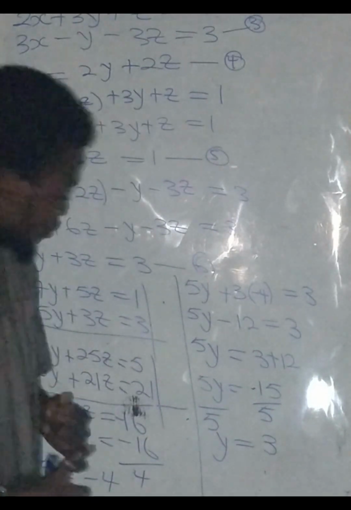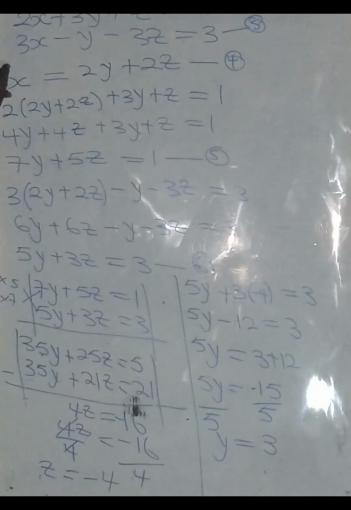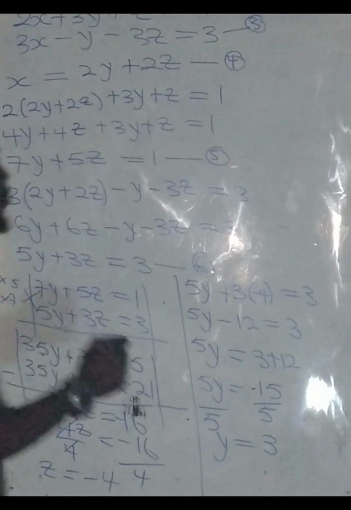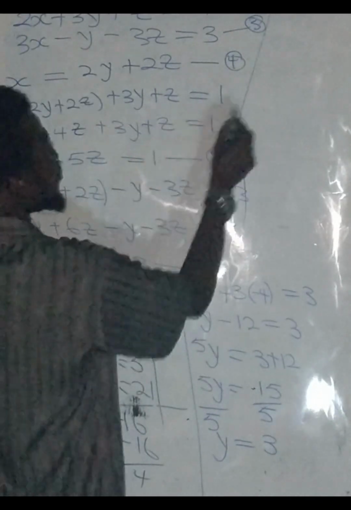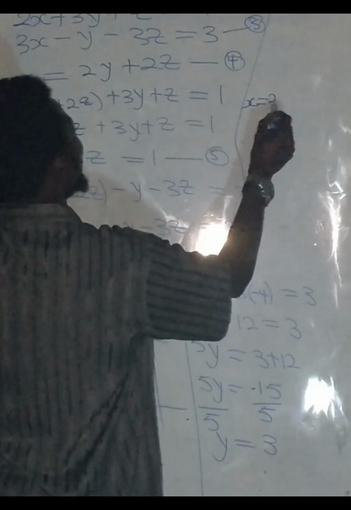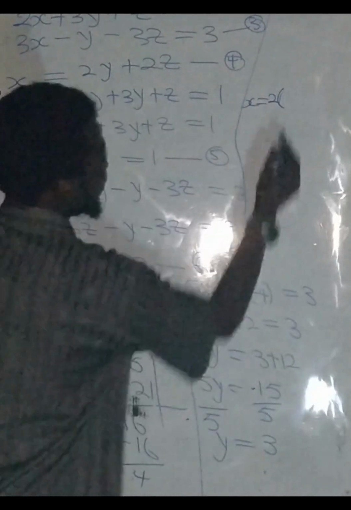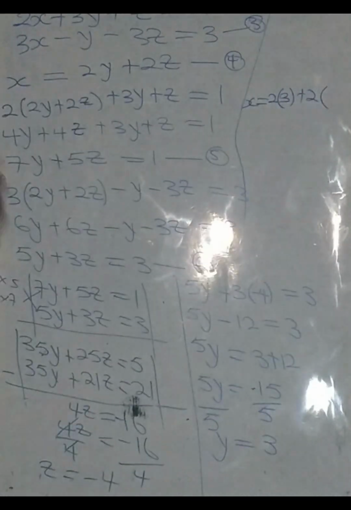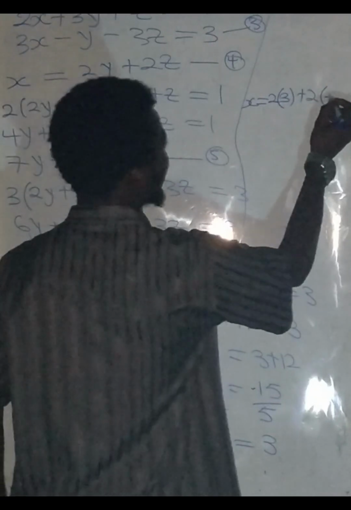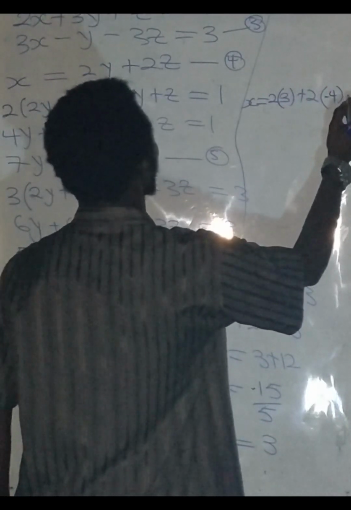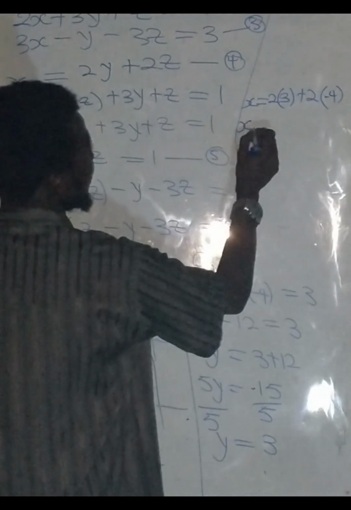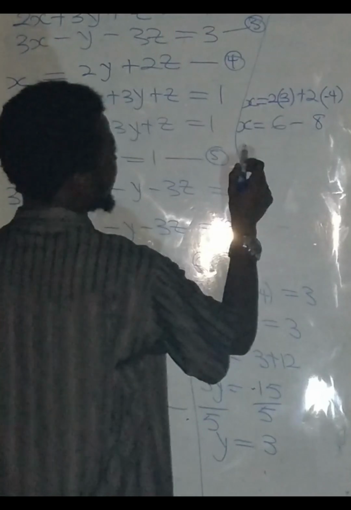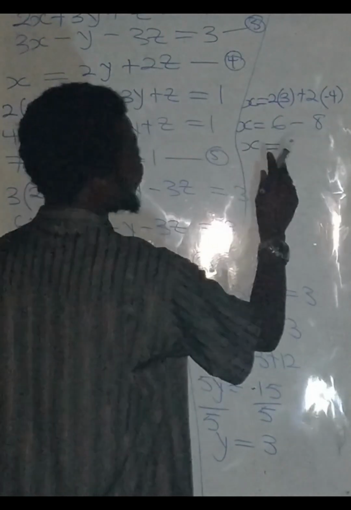We have the values of z and y, right? Now come to equation 3. We have x equal to 2y plus 1 plus 2z; the 1 plus 2z part equals 0 here. So x is equal to 2 times 3, 6, plus 2 times minus 4, minus 8.